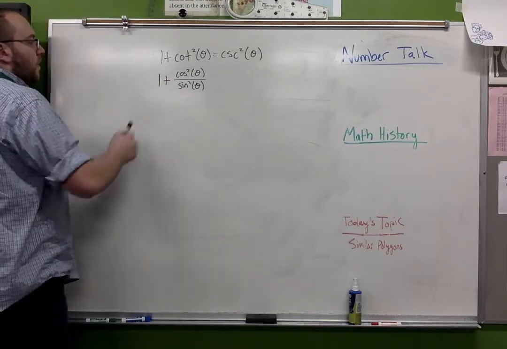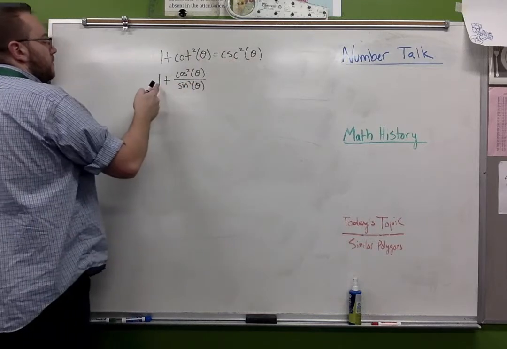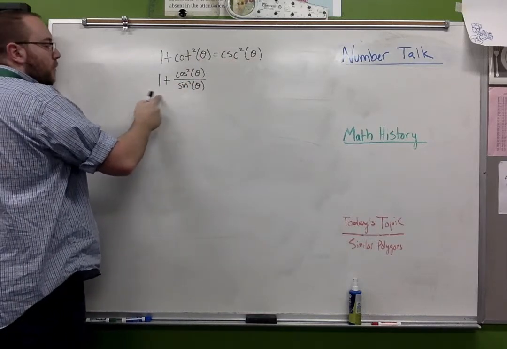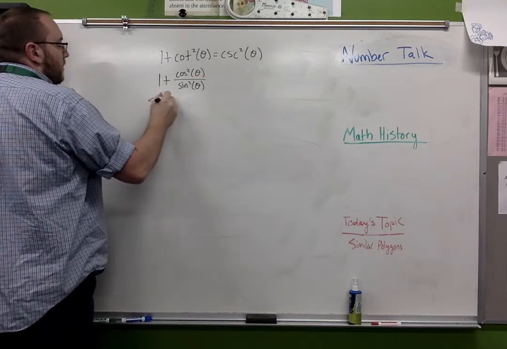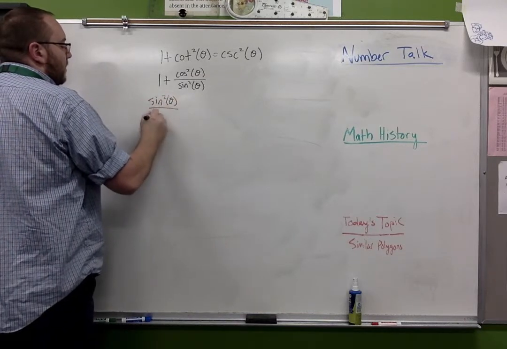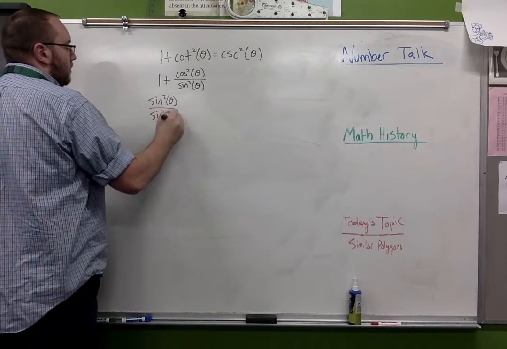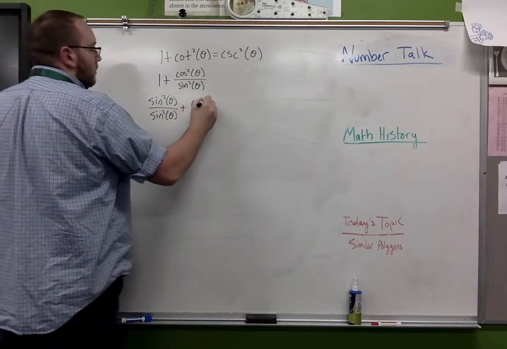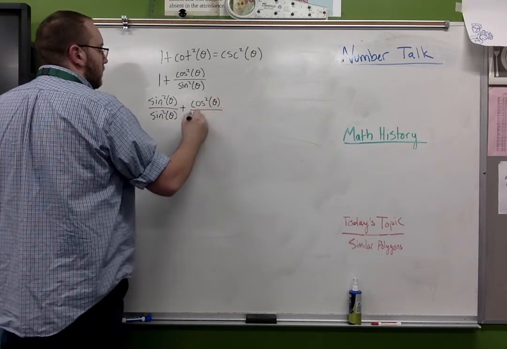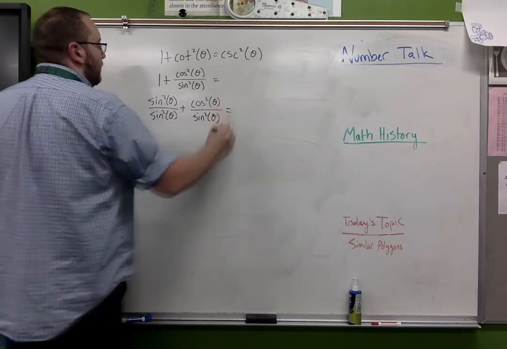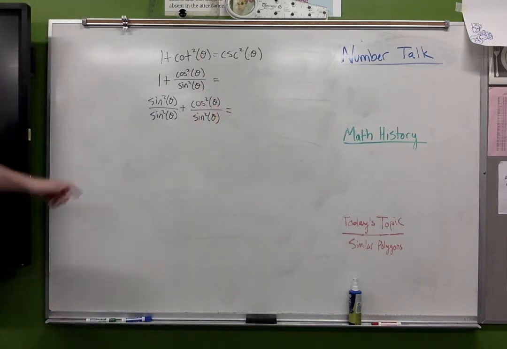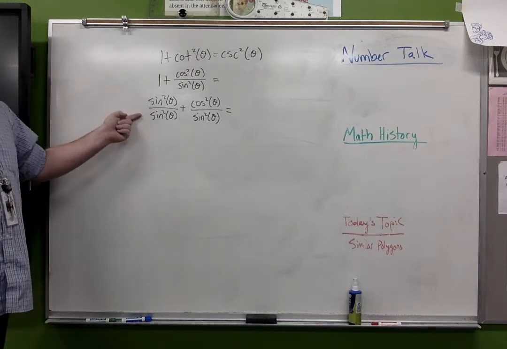All right, well, I have two terms here, so I want to add these together to get one term, but I need a common denominator. So I'm going to turn 1 into sine squared over sine squared so it has a common denominator.